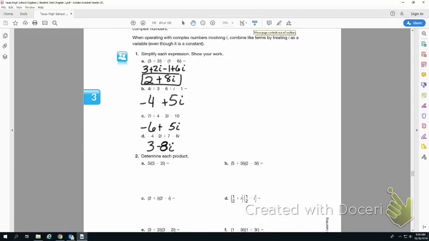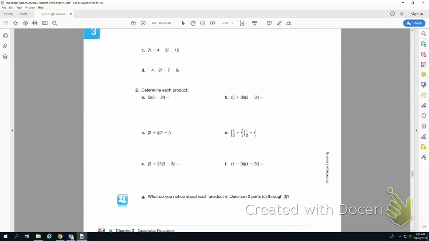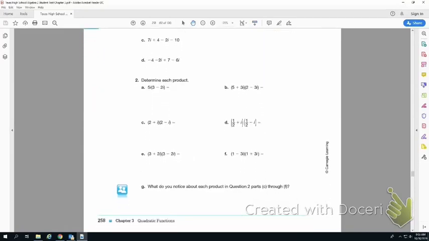Alright, so now going down to the bottom part of this, now looking at multiplication. So the first one, and this is where, whenever you're multiplying, that I squared being negative 1 comes into play. So on A, what am I going to do with that 5i?